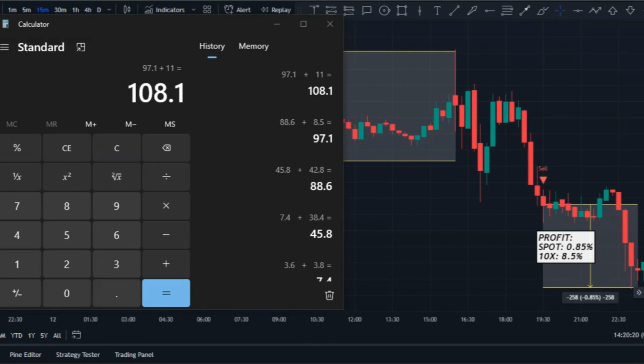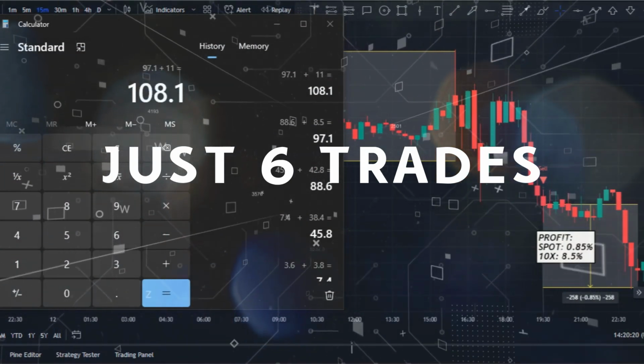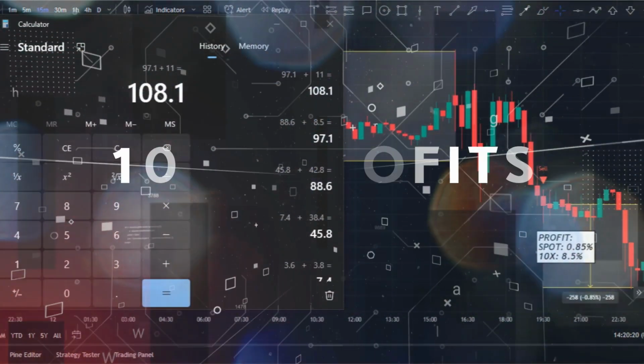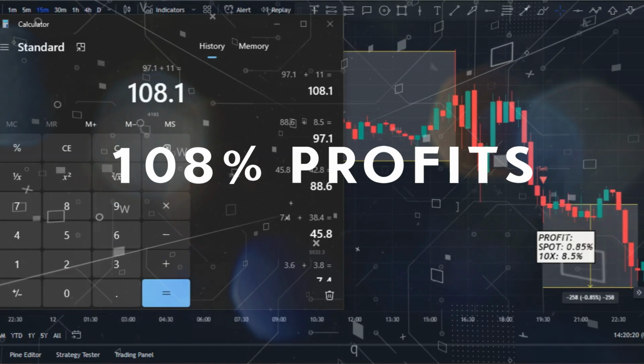As you observe, by analyzing the chart's history and executing just 6 trades, we managed to achieve a staggering profit exceeding 100%. This is truly remarkable for trading a strategy that relies solely on a signal indicator.